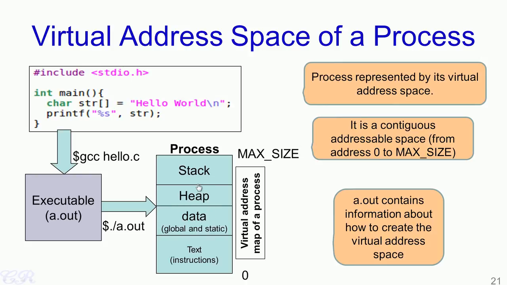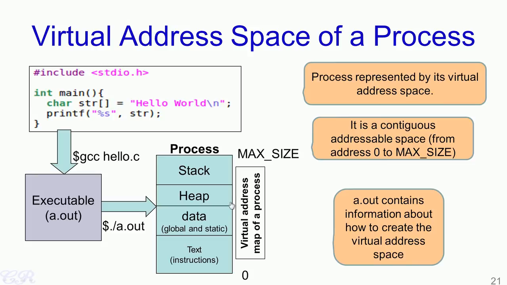Essentially, the operating system will need to know where the heap would start, where the stack would start and so on. So, how does the operating system know all this information? This information is given to the OS through the a.out.